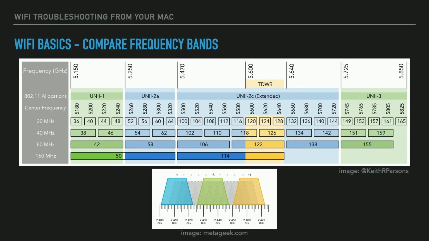Let's talk about that. So let's look at the frequency bands. This top image is the 5 gigahertz band, the usable band. We measure the width of the frequencies in megahertz: 20 megahertz, 40 megahertz, 80, 160. Later on, we'll have 320 megahertz.